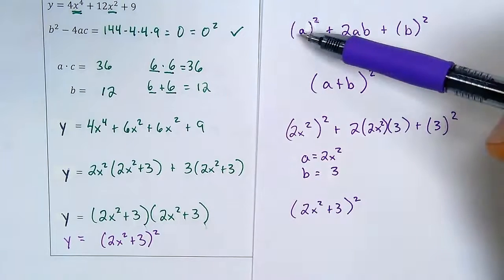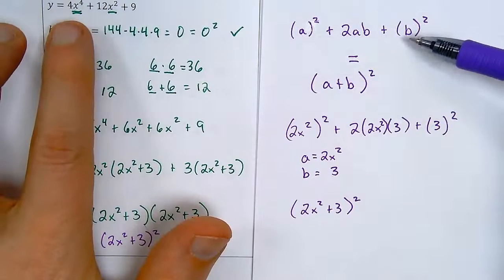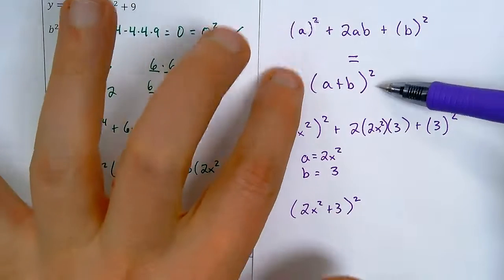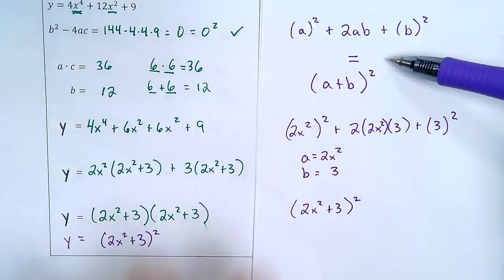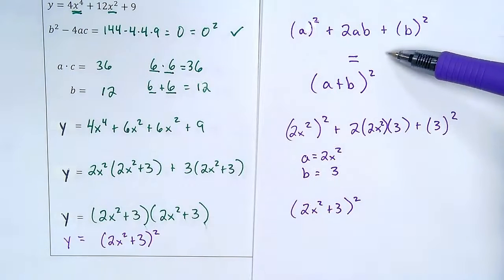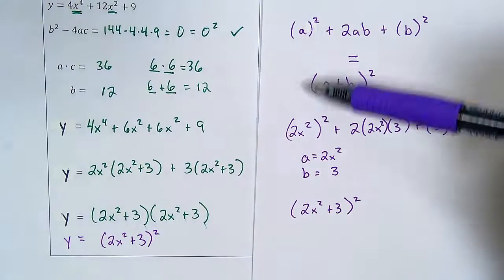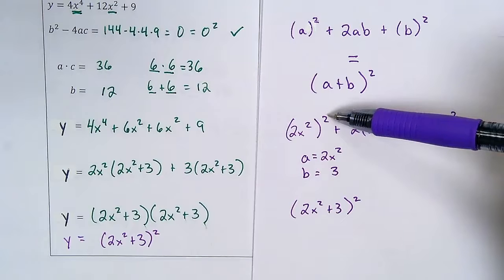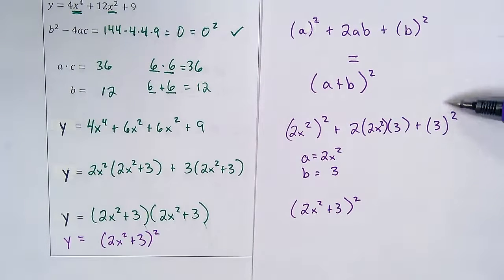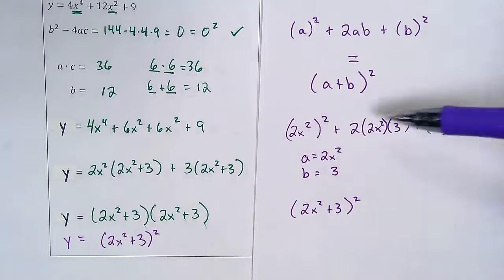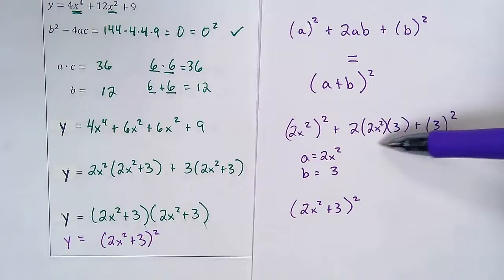So recognizing this form, some students can move to here because this is a common form for polynomials. Our first term in this case was 2x squared squared, and our third term was 3 squared. And so is 2x squared times 3 times 2 our middle term? And it is.